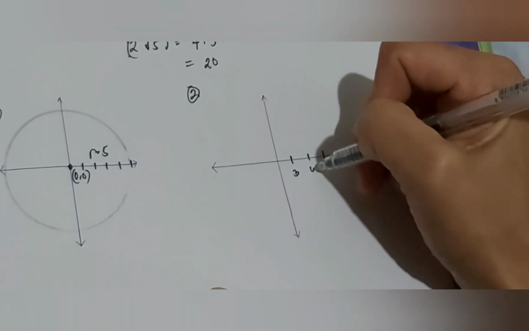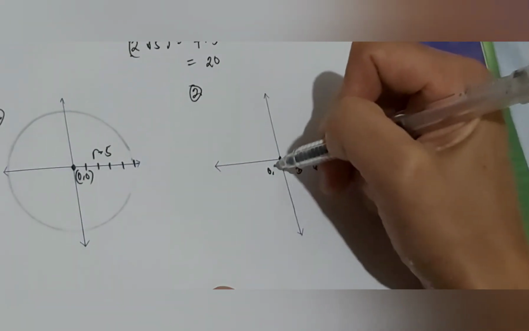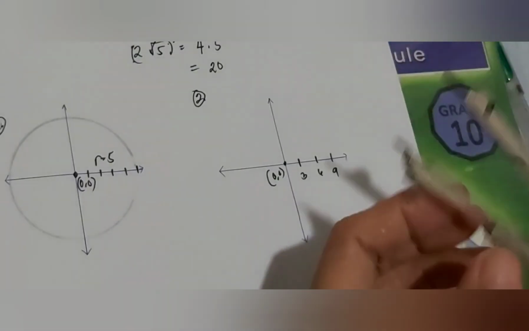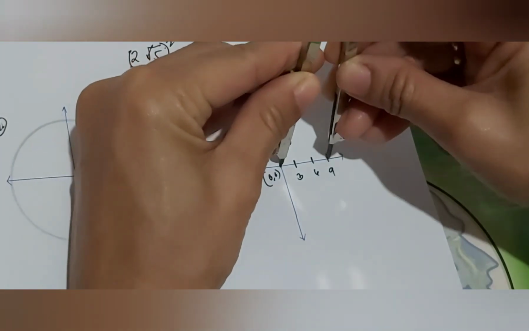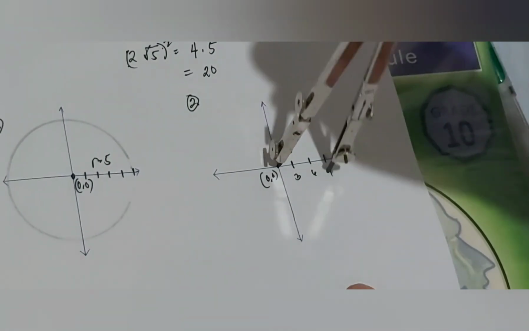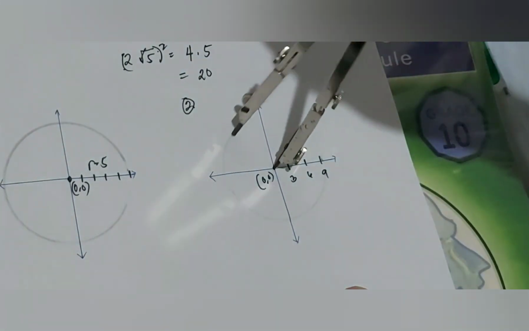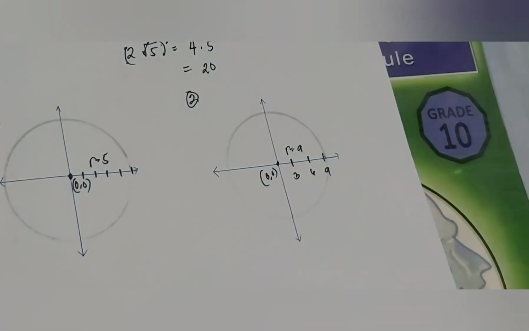From the center, which is at the origin, we have 9 units. Then go around again. And this is our circle with a radius of 9 units.